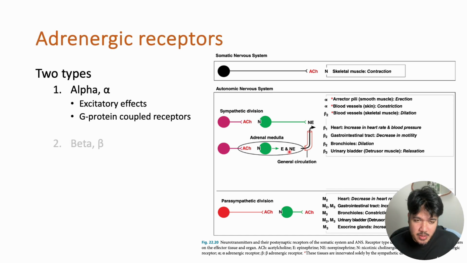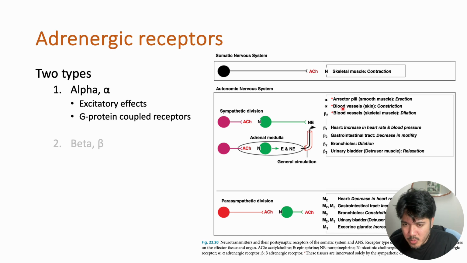Adrenergic receptors are found primarily, again, in different organs throughout your body. The alpha or alpha 1 has a very excitatory effect. It's a G protein coupled receptor, and you can see here in your sympathetic division, it's found at the erector pili region, your blood vessels.